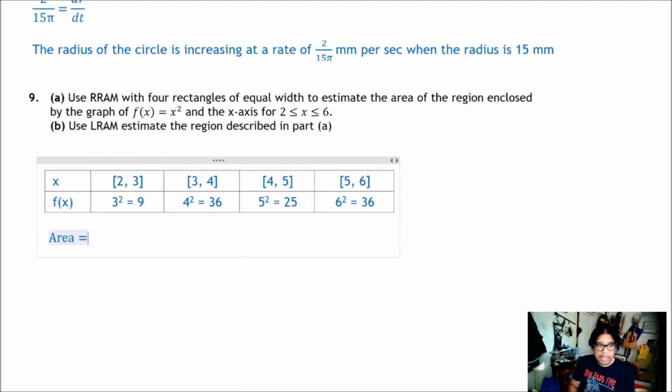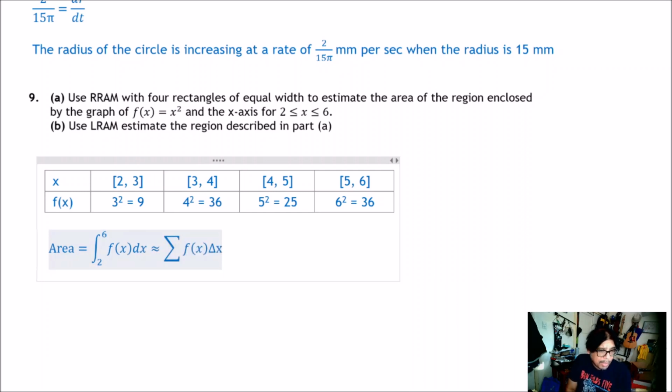So area is going to be equal to the integral of f of x from 2 to 6. And this could be approximated by the sum of f of x's multiplied by delta x's, which is dangerously close to looking like the integral formula. We're just going to take each f of x, multiply by delta x, and then add all of these together.